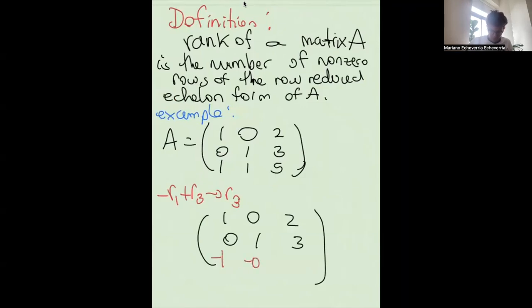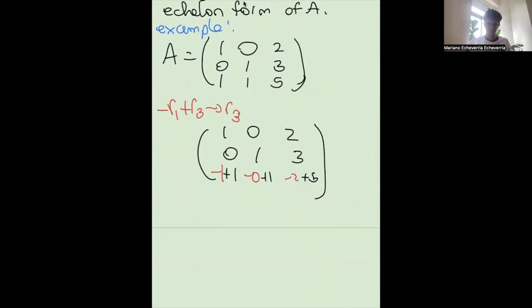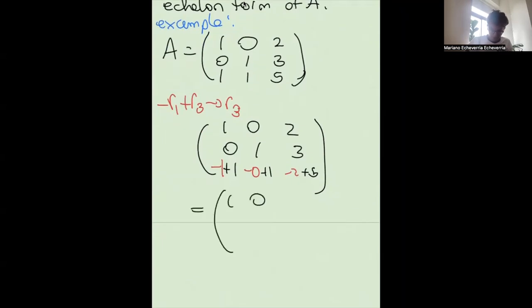So it's minus 1, minus 0, minus 2, but that's being added to row 3. So it's plus 1, plus 1, plus 5. I don't know if that looks better. So it just means minus every coefficient of row 1 plus every coefficient of row 3. Is that making sense? So this is how you get 1, 0, 2, 0, 1, 3, 0, 1, 3.